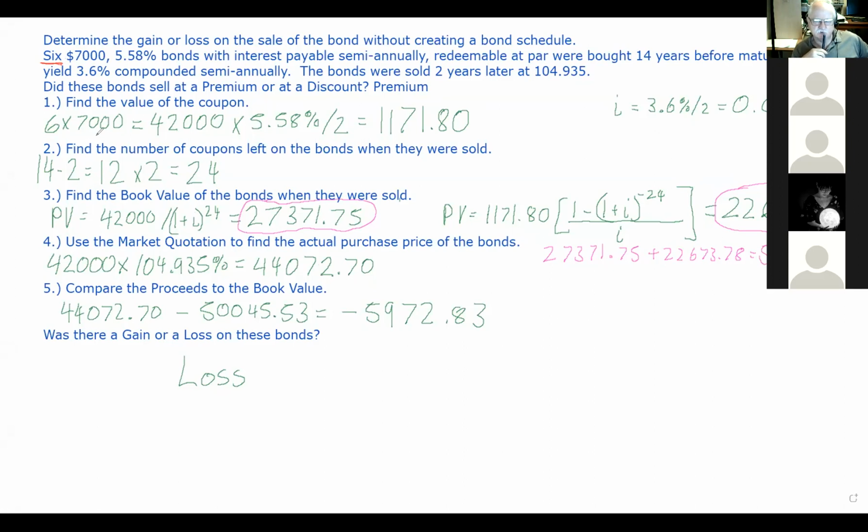Basically, you can treat it as if it's a $42,000 bond. And like I say, that didn't seem to make any sense to me either. I thought you should have just dealt with the 7,000 and done all the calculations based on that. But when you look at the answer key and the examples they give, they multiply it out and treat it as one big package. So you just have to realize that that's what they're expecting you to do.